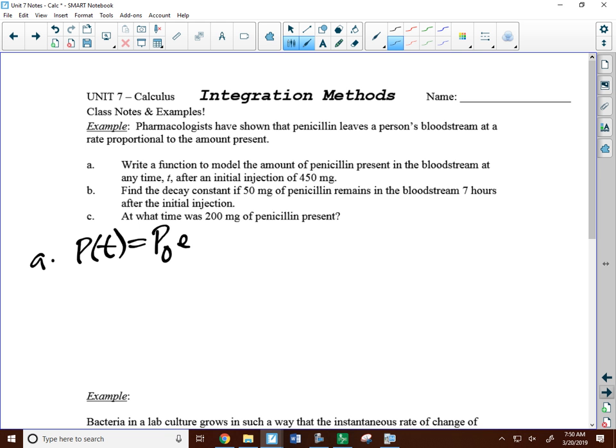Now this one, did you see here, it's leaving a bloodstream. So the amount is getting less. So this is exponential decay. So I am going to throw in a negative here, negative kt. Now, if you forget that, don't worry, because when you solved for K, if you didn't have the negative there, it would have been a negative K value. So it would have worked out in any case.